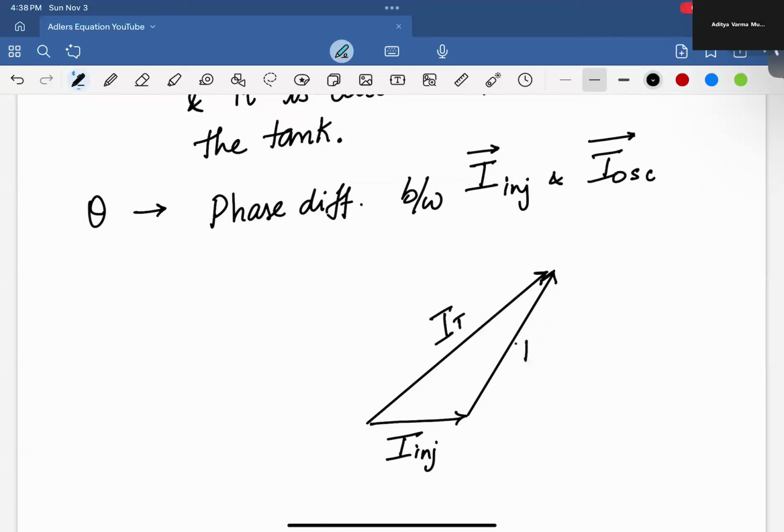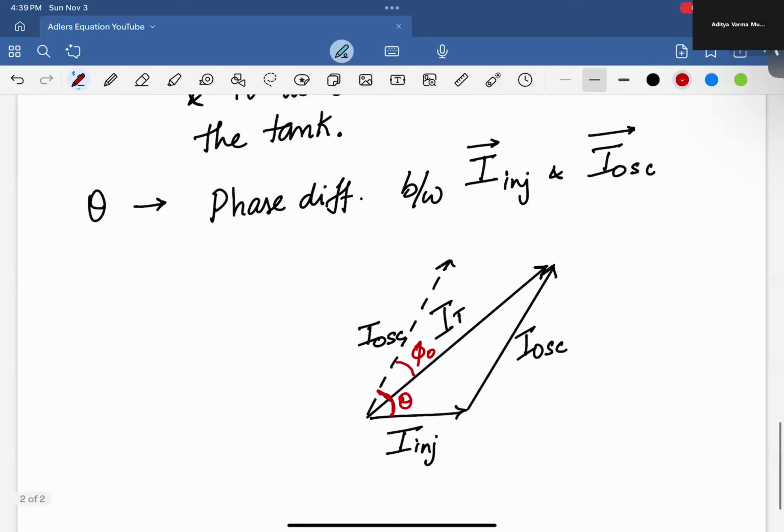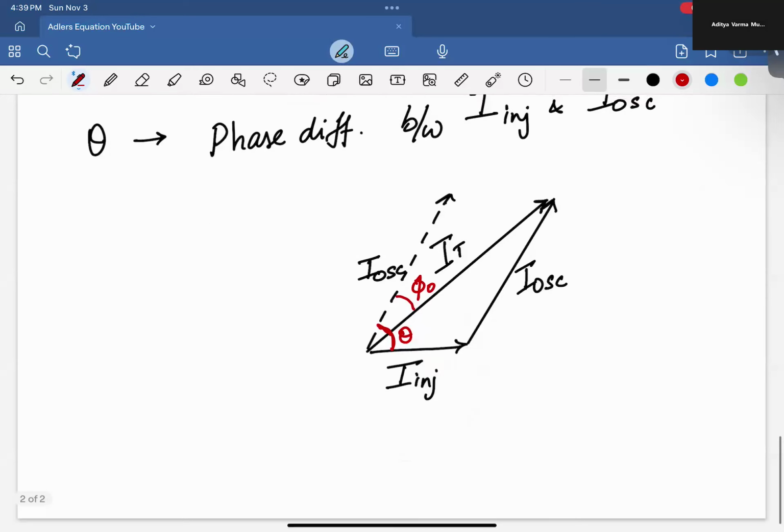And this is IT, this is I oscillation. Then we write down those angles that we just defined. I oscillation, if I draw it from here, is something like this. This is I oscillation, with the same base. And this is phi naught, and this whole thing is theta. Very good.